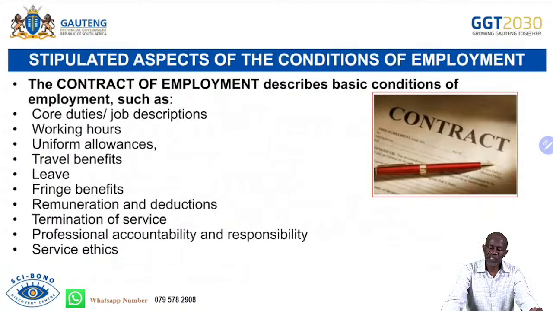The stipulated aspects of the conditions of employment. So inside the conditions of employment, you'll find the following. The contract of employment explains basic conditions, and examples that we have will be the core duties, that is your job description, which stipulates what your work entails. It will also indicate the working hours. It will also indicate the uniform allowance if you are entitled to it.